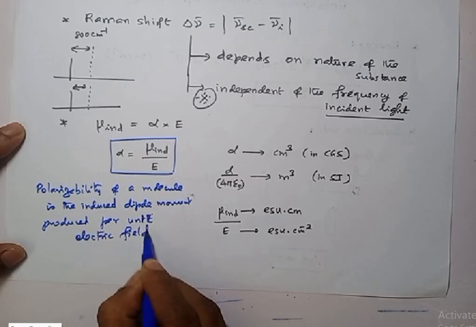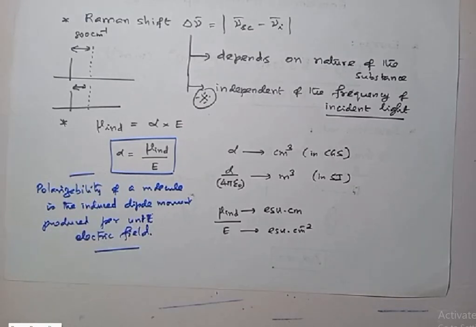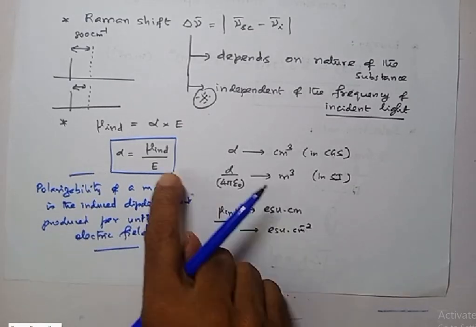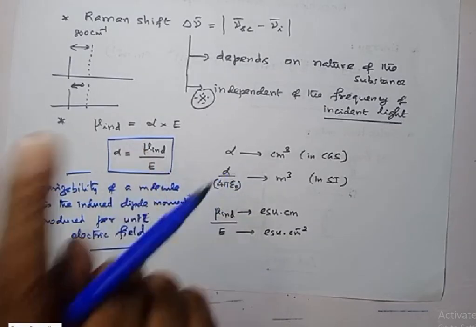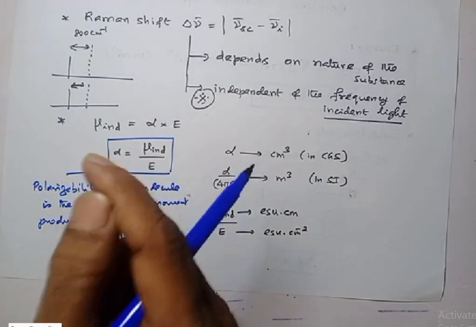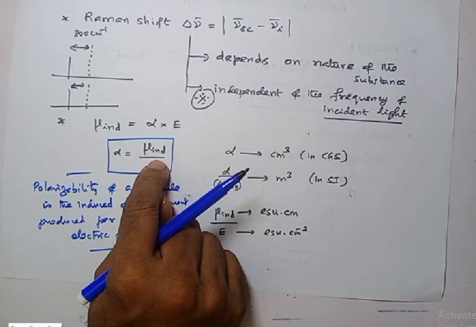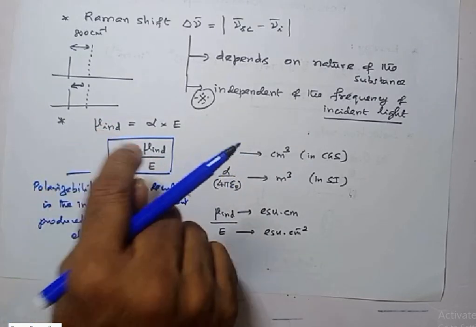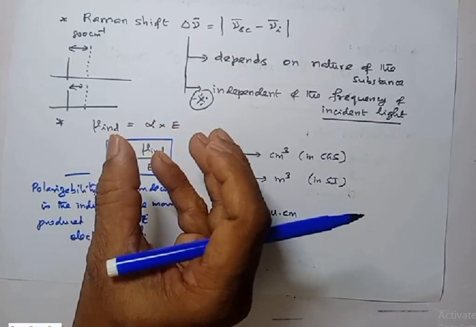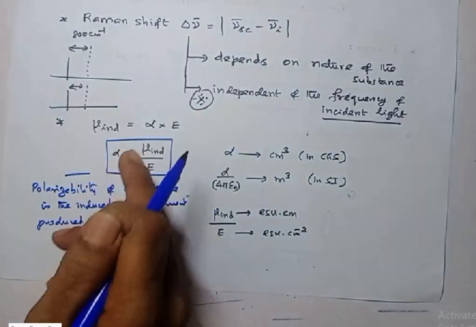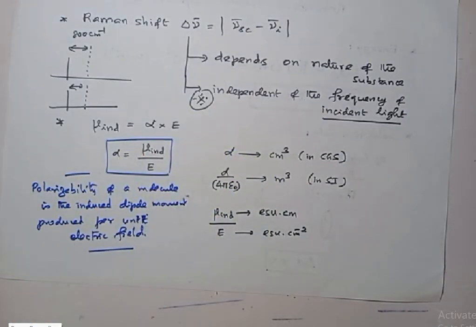Yes, this is the definition for polarizability. If you put E equal to 1, which means unit electric field, then whatever induced dipole moment arises in the molecule is nothing but the polarizability of the molecule. This is actually the mathematical definition.